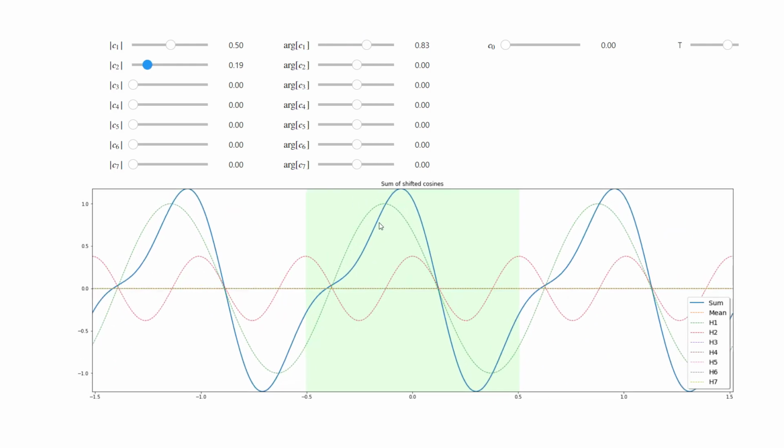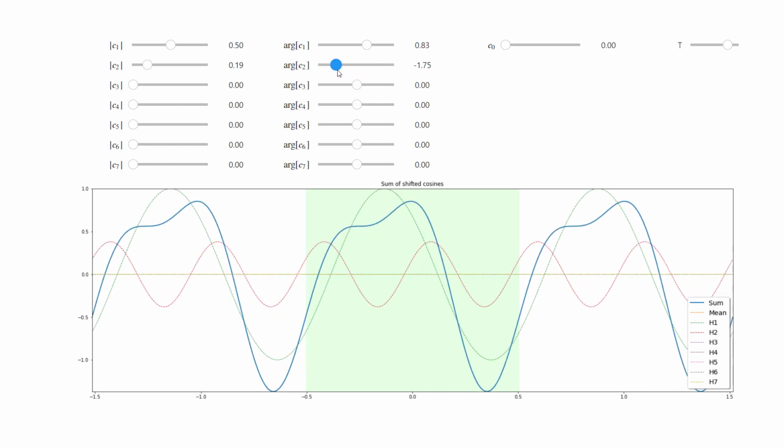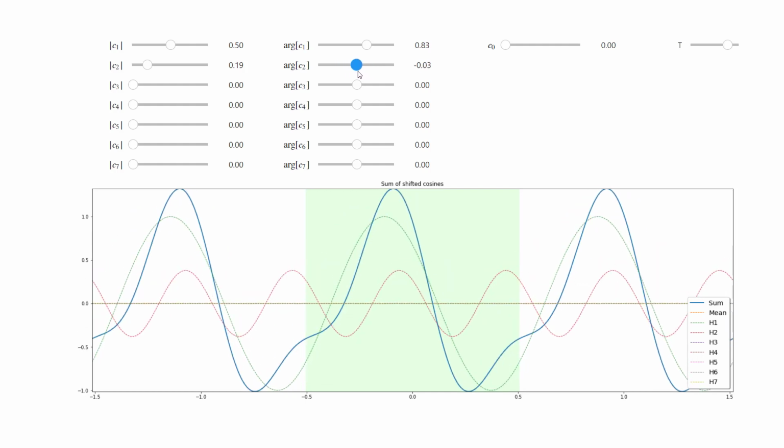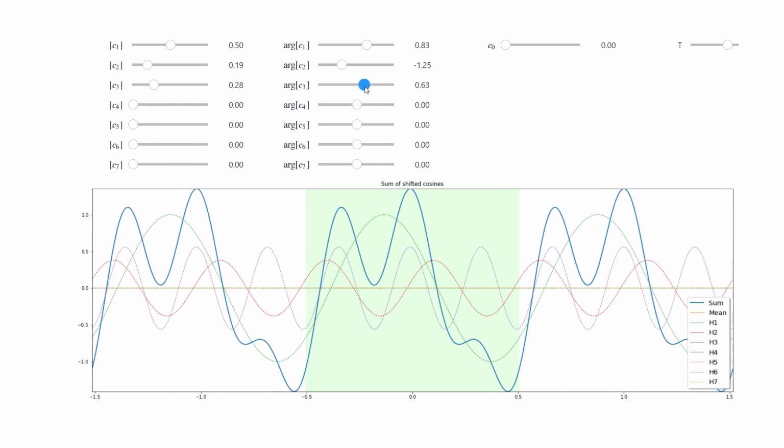So here you have the fundamental frequency, here you have the harmonic frequency, and here you see the sum, right? And then you can start phase shifting this second harmonic, and you can obtain all kinds of shapes for the sum, right? You can do this for other harmonics, right?